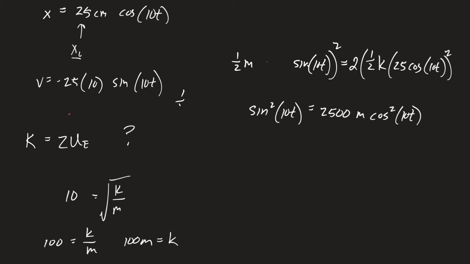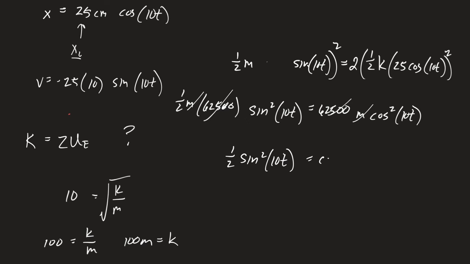So it's going to be 1/2 m 62500. And this is going to be 100 times 25 squared, so that's 62500. No, that's convenient. So boom, boom, boom. Good. Nice. 1/2 sine squared 10t equals cosine squared 10t. I really hope my arithmetic's right that time.